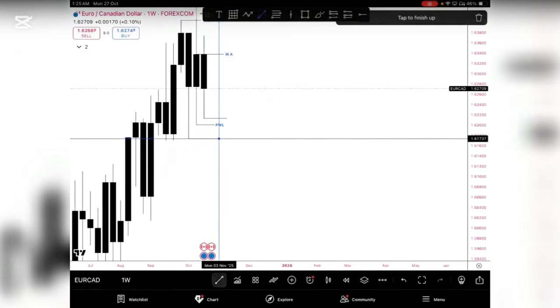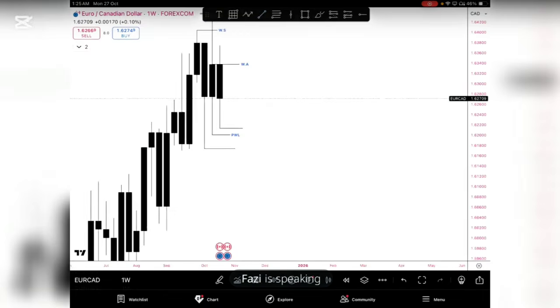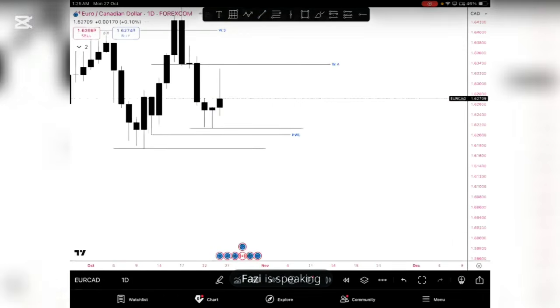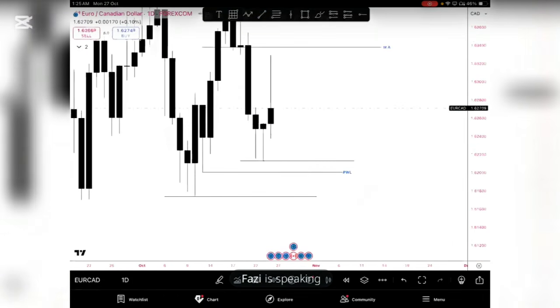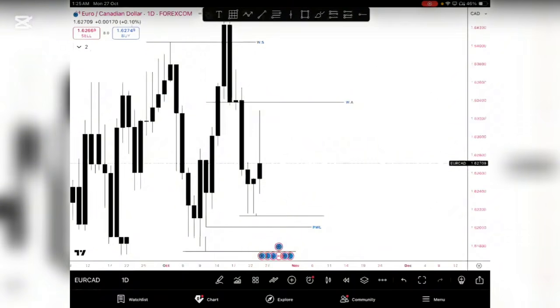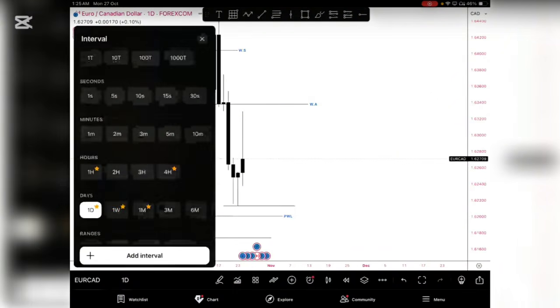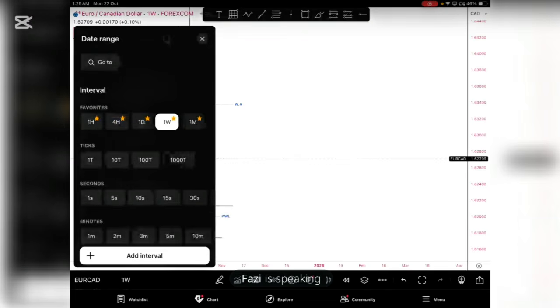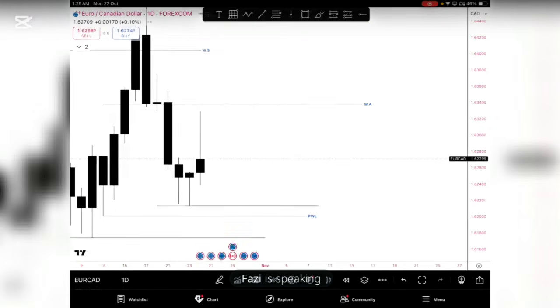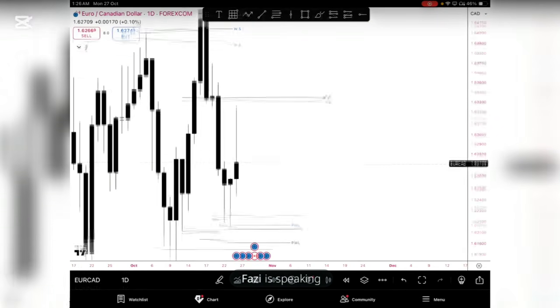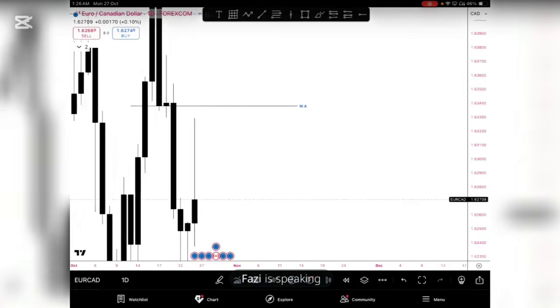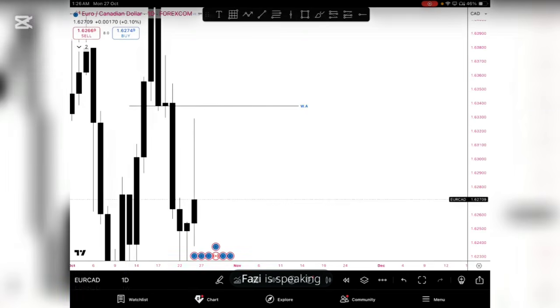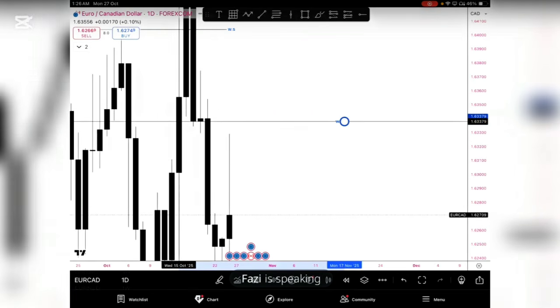So let's get into the daily. How to choose entries here? What I marked as the weekly A-shaped level looks like, on daily, another key level, which is a V-shaped key level.